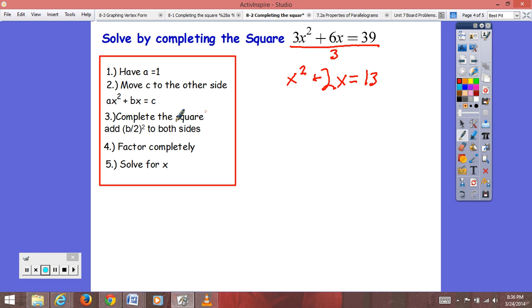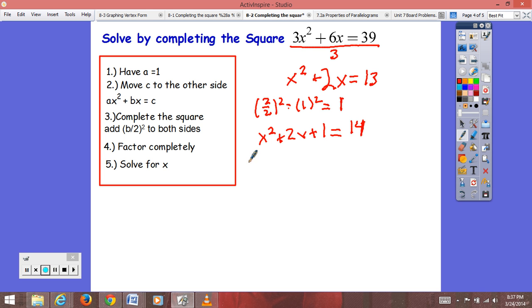So our b divided by 2 squared, 2 divided by 2 squared, is 1. So we get x squared plus 2x plus 1 equals 13 plus 1, which is 14.